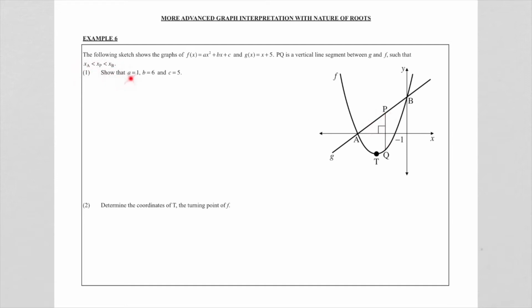So as you can see, they ask us now to find the values of A, B, and C. And that is the A, B, and C from this parabola that they want us to find. Now, when we look at the drawing, you will notice that this x-intercept was given to us at -1.